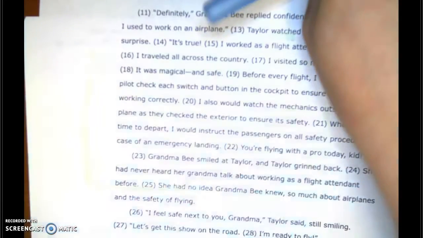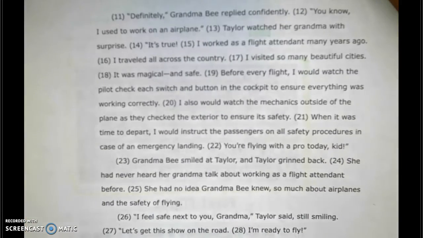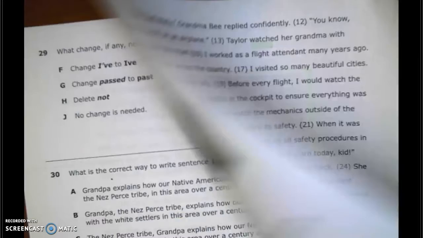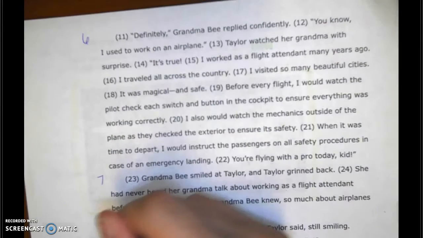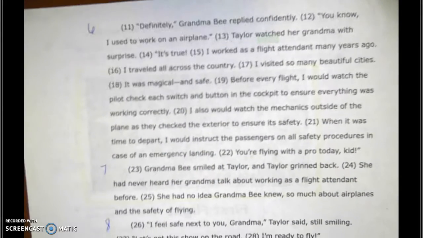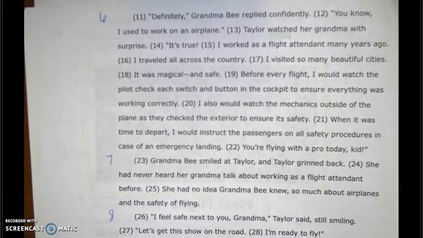Okay, so I'm going to flip it over. And I have paragraph 6, paragraph 7, and paragraph 8. So you should have 8 paragraphs numbered. Okay, my paragraphs are numbered.